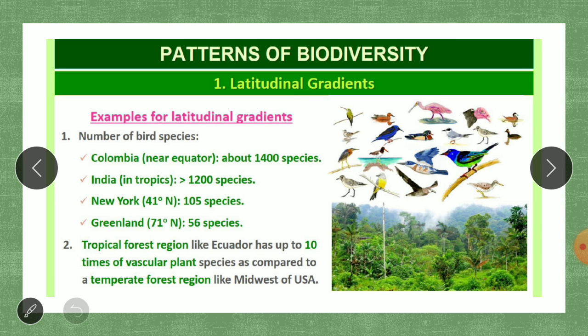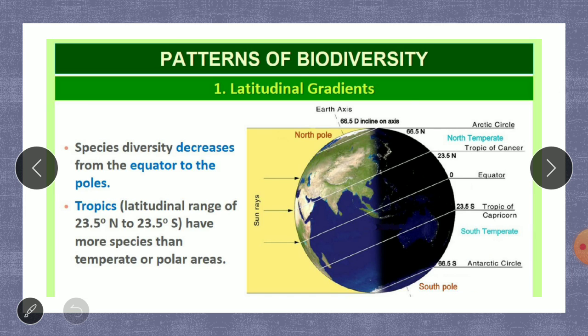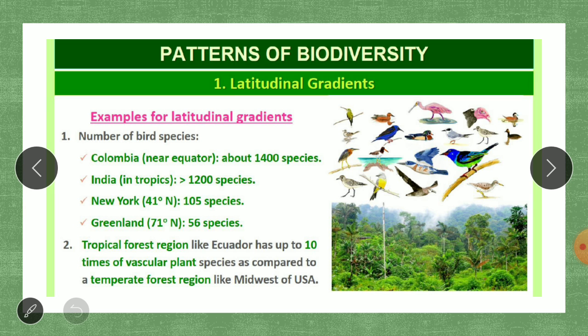What are the examples that prove our latitudinal gradient? It was found that when they counted the variety of bird species present, Colombia, which is near the equator, has around 1,400 species of birds.